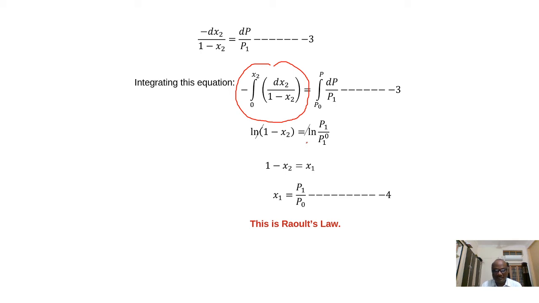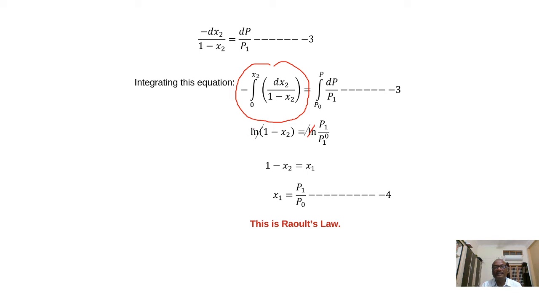There we substitute the upper and lower limits, so log p1 minus log p naught, or log p by p naught. Why are we writing p1? Because it represents only the vapor pressure of the solvent we can observe, not the solute. So log 1 minus x2 is equal to log p1 by p1 naught.